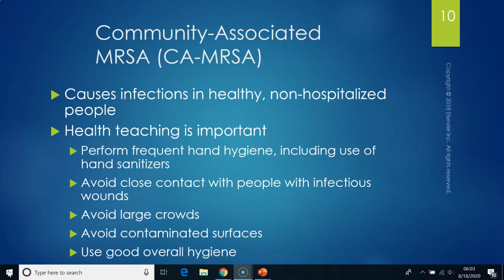And where I've seen this occur is when a family member caregiver is caring for someone who has a wound with MRSA, and they're at home, caring for them but not using correct hand hygiene, and then they develop a boil or a blister that ends up being cultured positive for MRSA. So that's the reason that when we're teaching caregivers how to care for our patients, we make sure that we teach them about good hand hygiene.